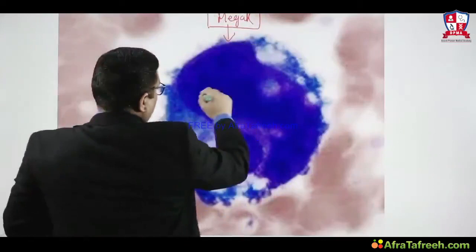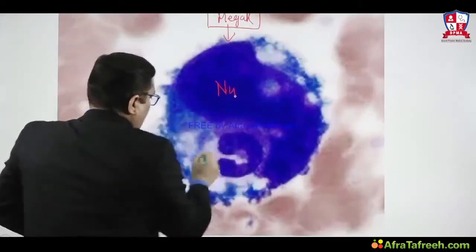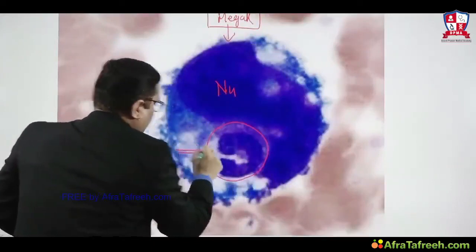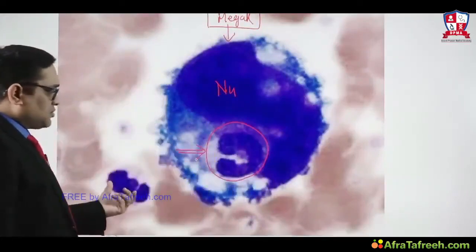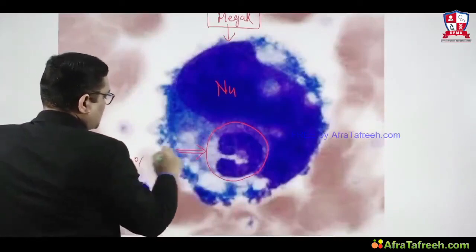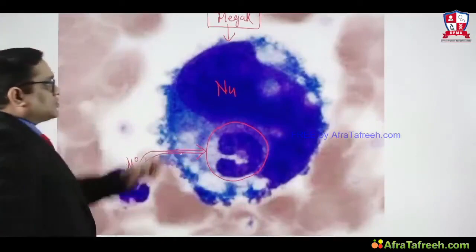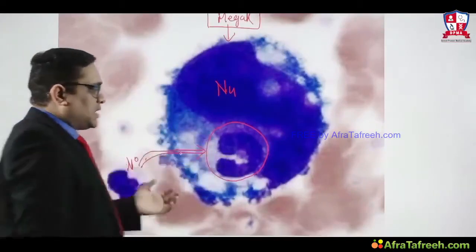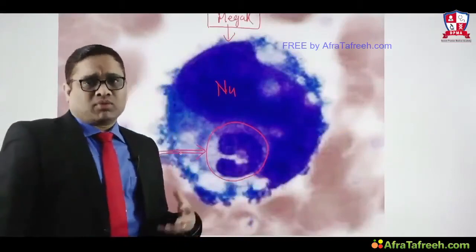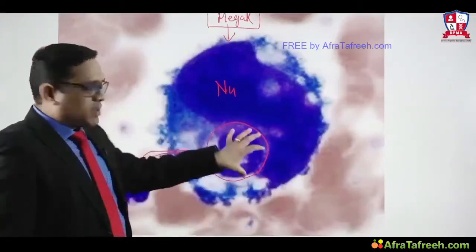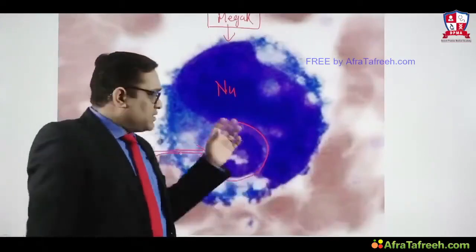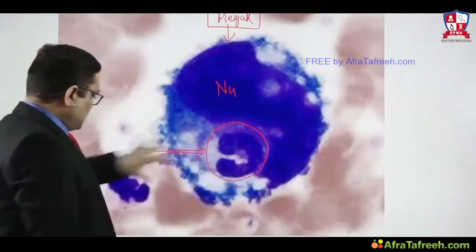This is the nucleus of the megakaryocyte, and now you can notice there is a cell here which is entering into this cell. That is the neutrophil. The neutrophil is coming inside the cell. So inside the megakaryocyte, the neutrophil is there, and after some time it will come outside intact. That is called emperipolesis. So this is the picture of emperipolesis. Without change in morphology and physiology, they will come outside like this, right?